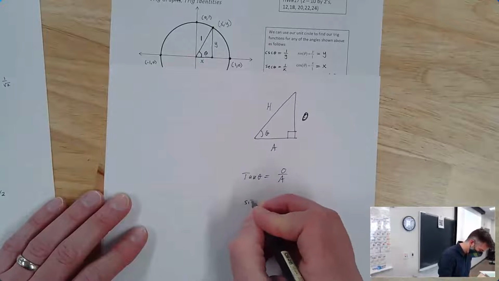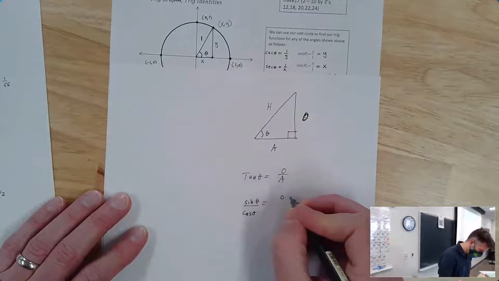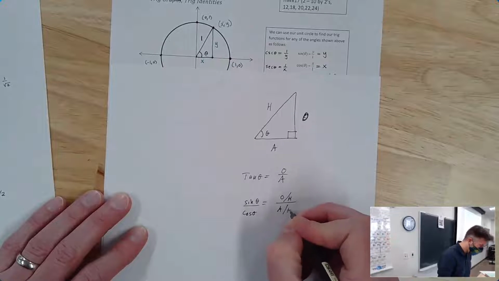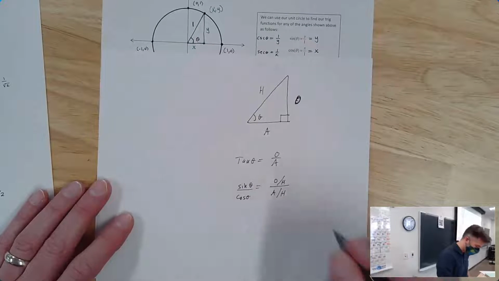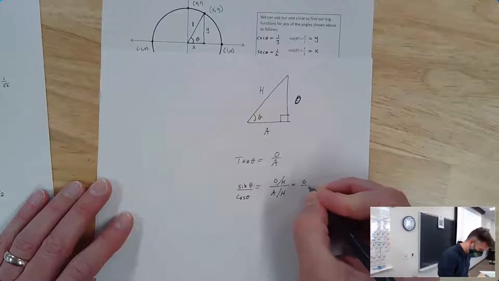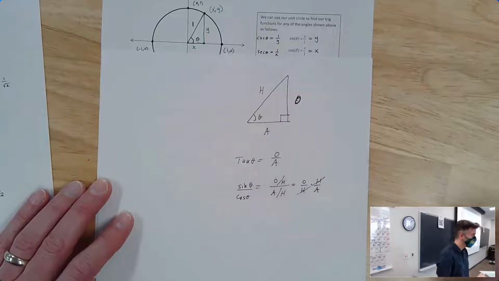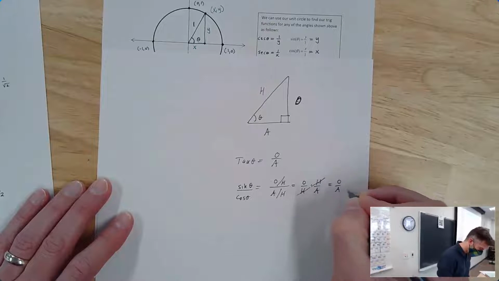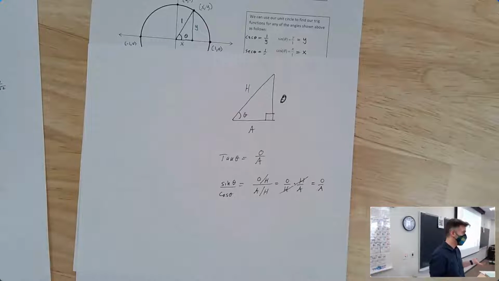And sine of theta over cosine of theta, well, sine is opposite over hypotenuse, cosine is adjacent over hypotenuse. And when you have division of fractions like that, you flip and multiply. So we get opposite over hypotenuse times hypotenuse over adjacent. And the hypotenuse is canceling. You exactly get opposite over adjacent, which is tangent. I think that's what you were saying. Yeah, exactly. That's exactly what's happening there.